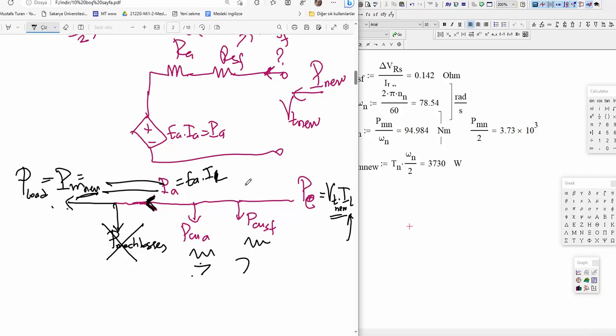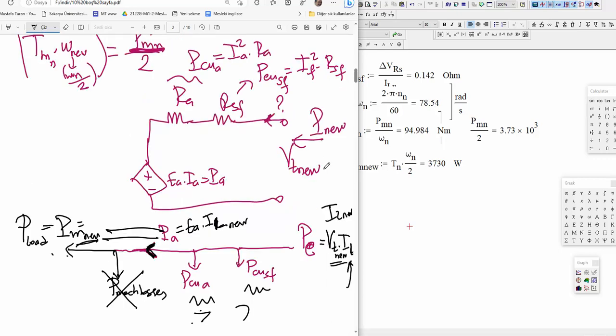Let's say load current, new value, IL new. But I'm not sure if there's a change in current. Output power has changed. Input power possibly will change because output has decreased down to half of its prior value, so that must be changed.